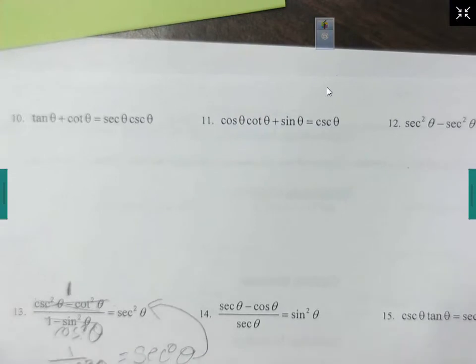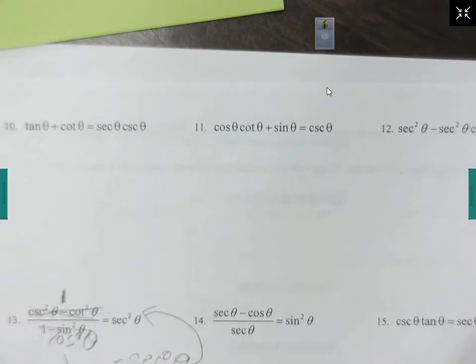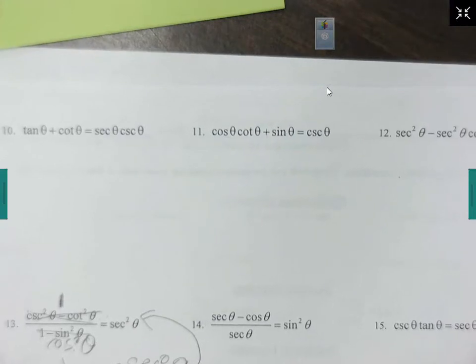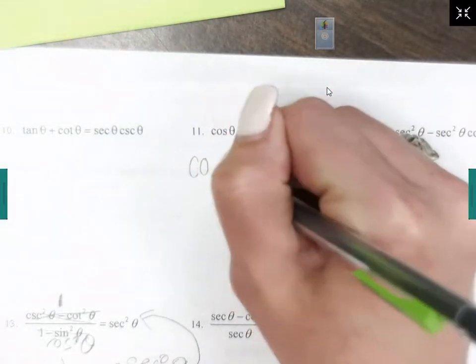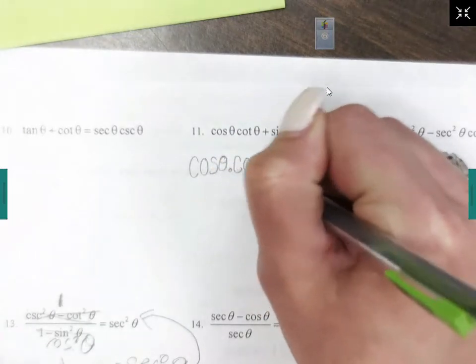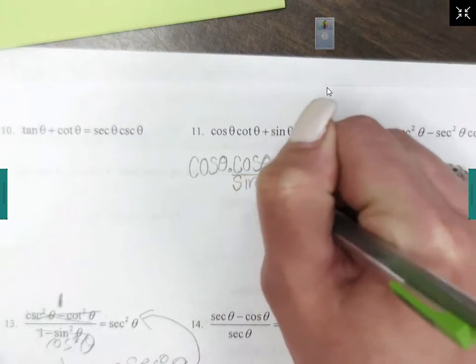Okay. So, cosine, we're going to leave that as cosine, right? We don't want to touch cosine. How can we rewrite cotangent? Yes, go ahead, Alvin. Very good. So we have cosine of theta times cosine of theta divided by the sine of theta.